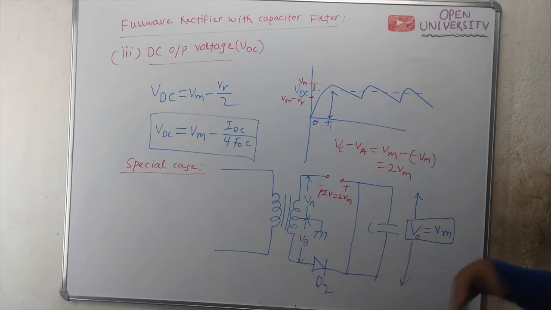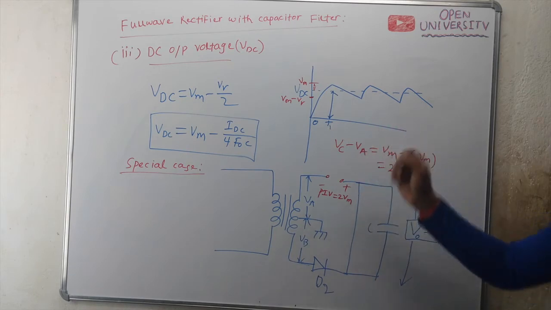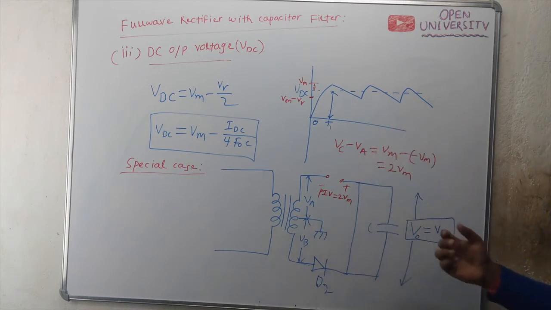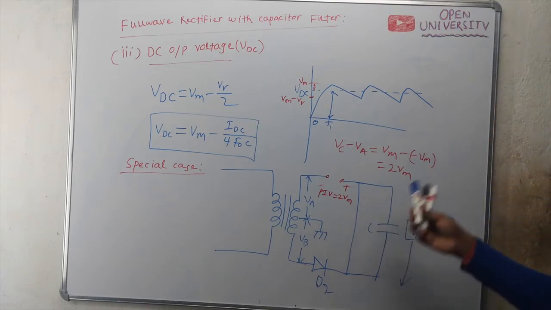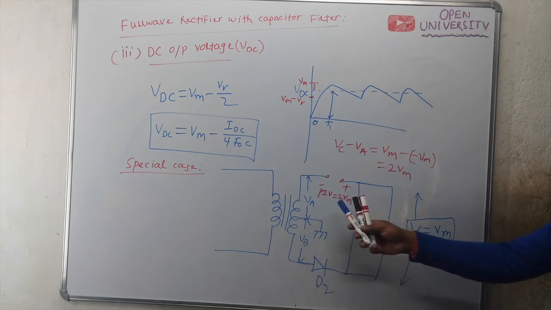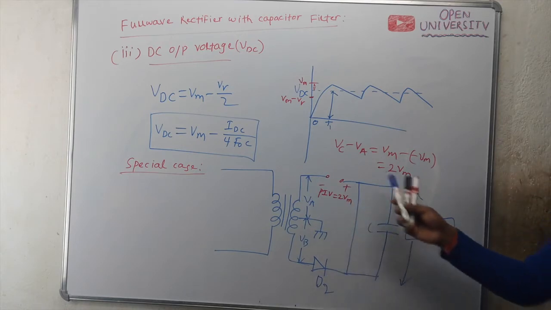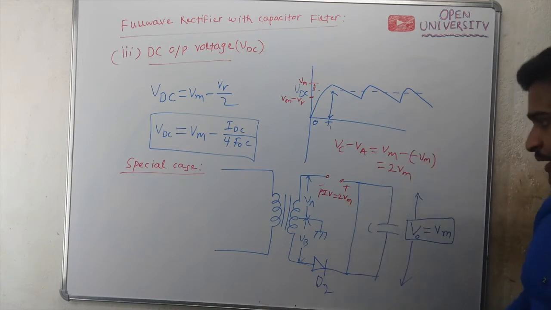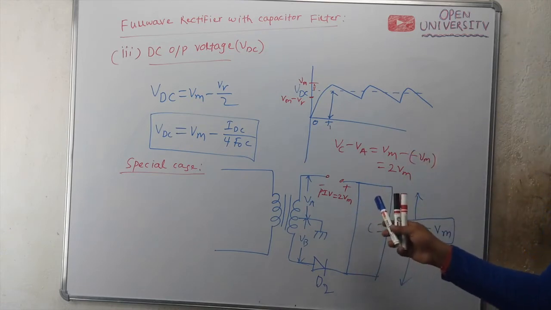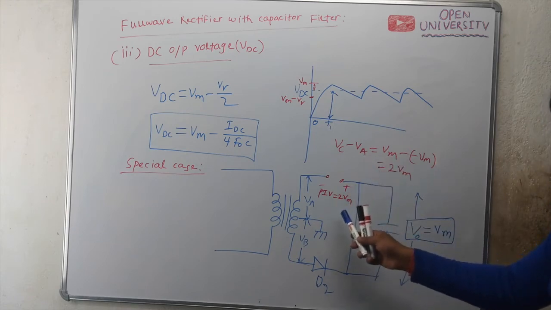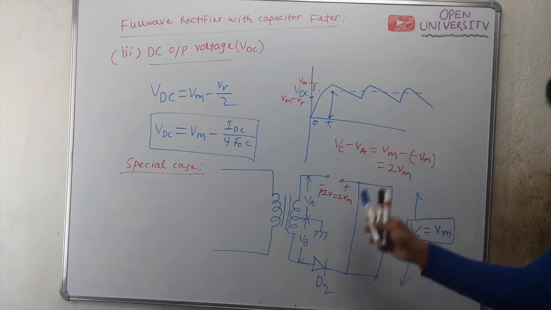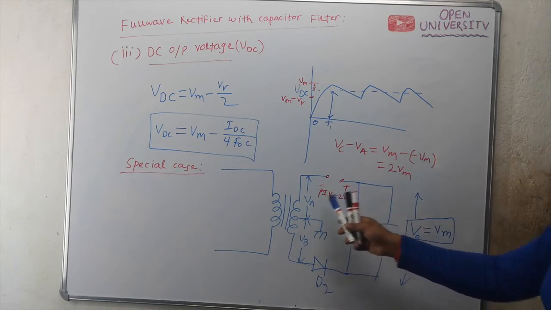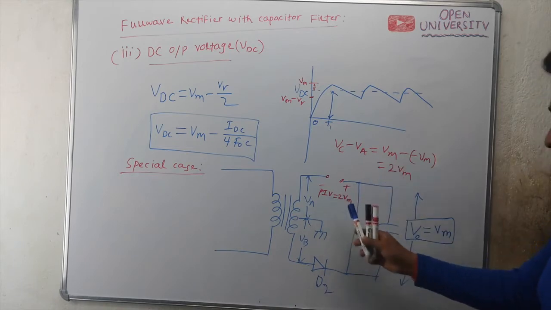But in the previous discussion of the half wave rectifier with capacitor filter, we found that without the capacitor filter the half wave rectifier peak inverse voltage was Vm, but when the half wave rectifier is connected with a capacitor, then the peak inverse voltage was 2 Vm. But in this case, your center tap full wave rectifier with capacitor filter and without capacitor filter, the peak inverse voltage remains the same.